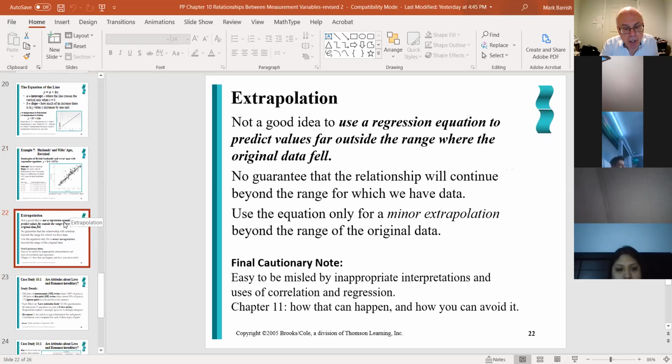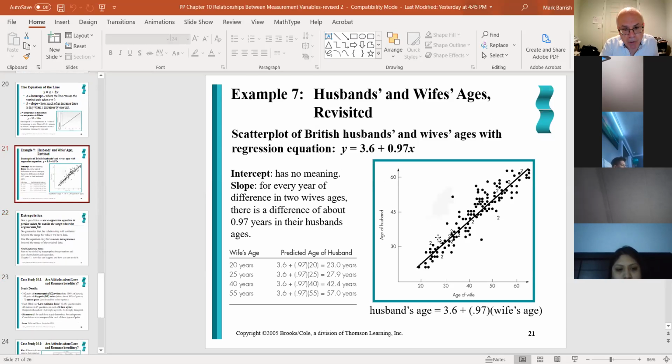Now, this slide is saying that when we make our predictions, we don't want to pick a value of x that is outside the range of the x's in your data set, because the range of x's in your data set pretty much determines that line. But it's possible that outside that range, x's that are smaller or bigger than what's in the data set, this line may not be the right line for those numbers.